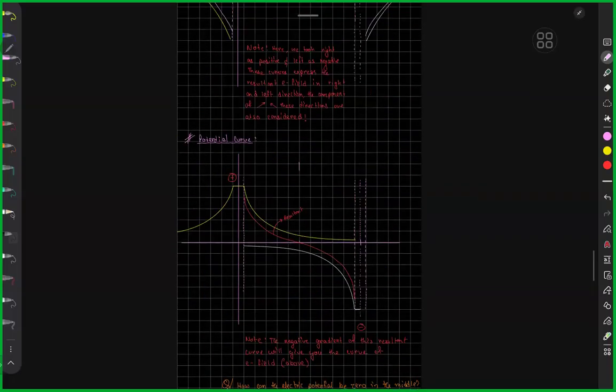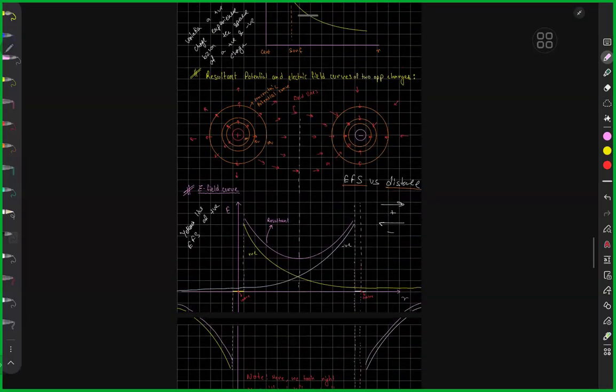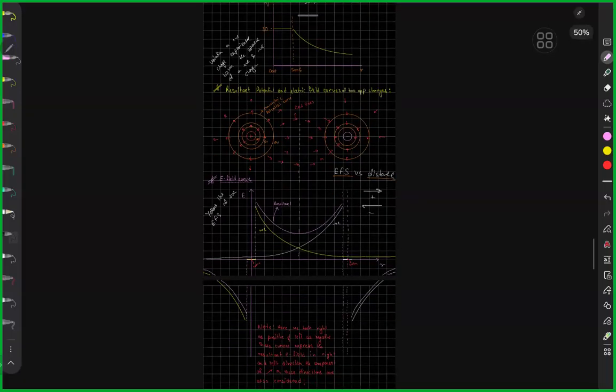Okay. So ultimately, what I have drawn over here is, I'm just explaining what the resultant curve means. If I have a positive charge, and granted I have classified right as positive and left as negative.